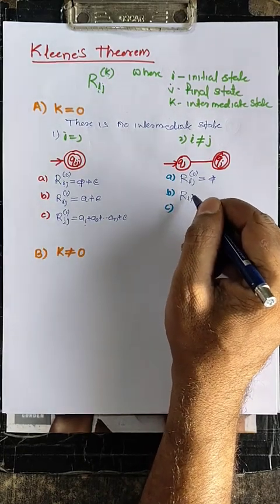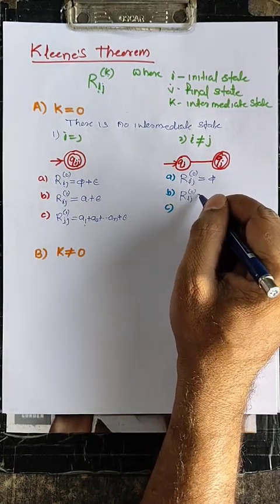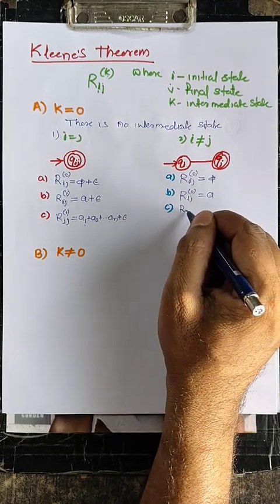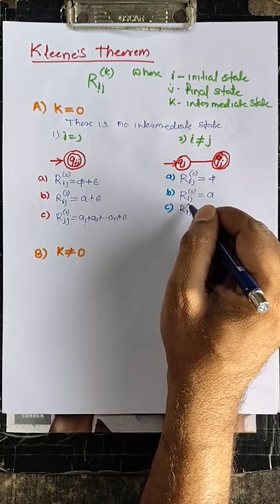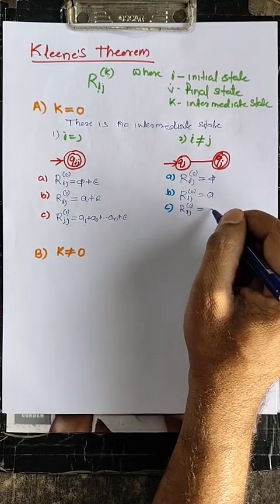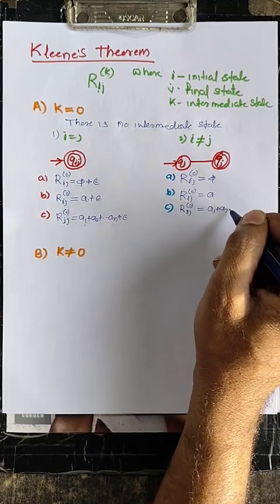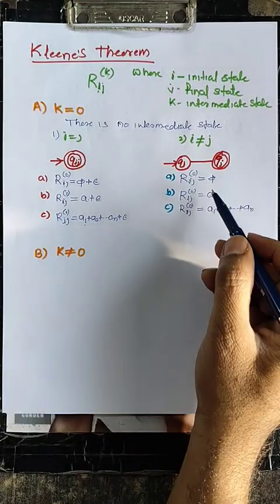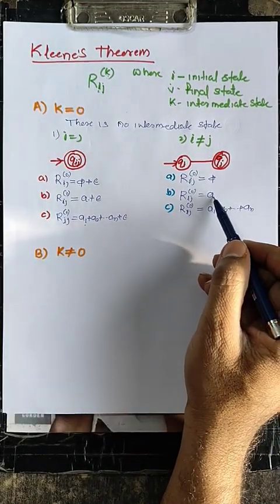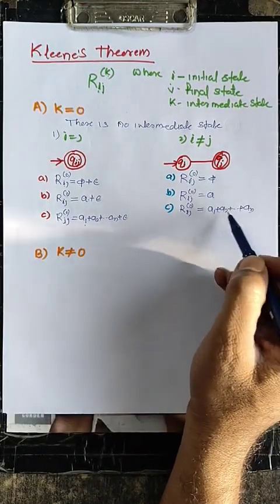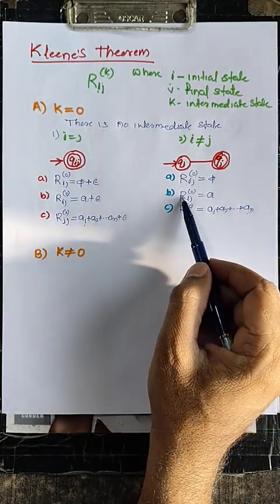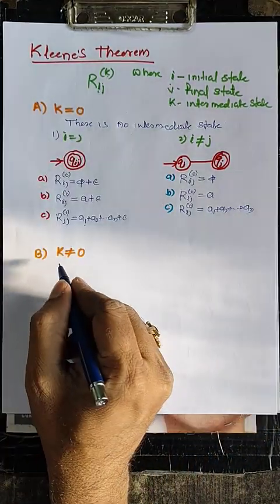If there is exactly one input symbol, it is a. If there are n input symbols, R_ij^0 equals a1 plus a2 plus up to an. So the regular expression is one of these if k equals 0.